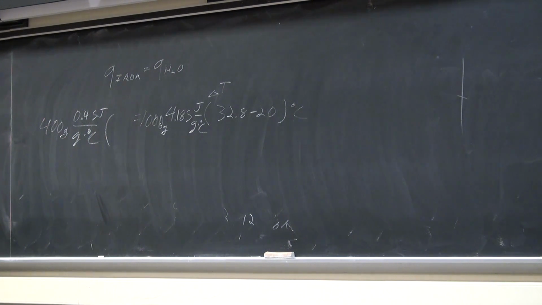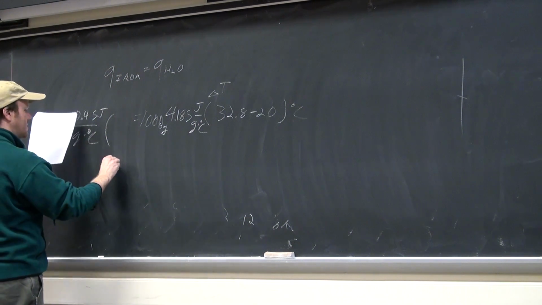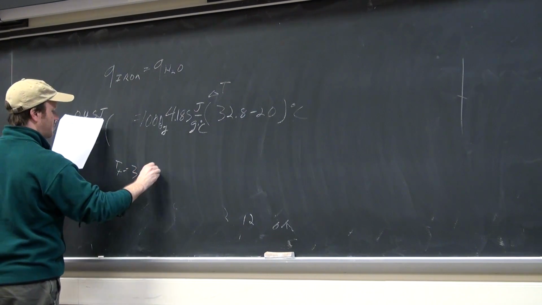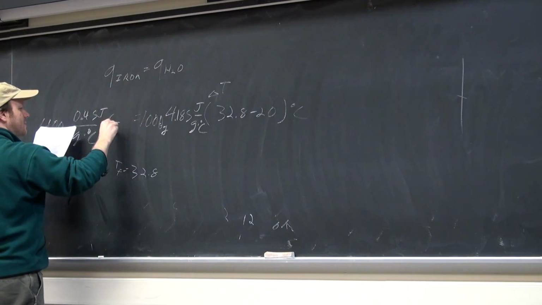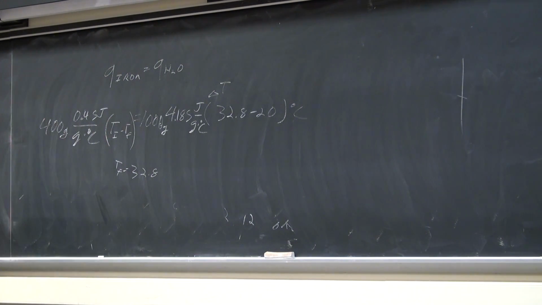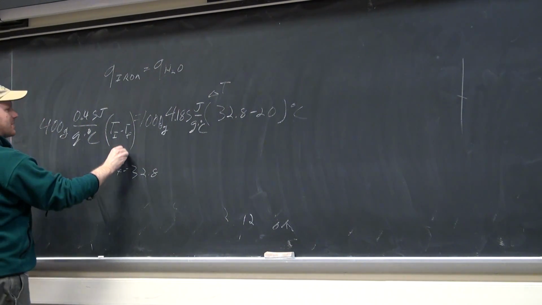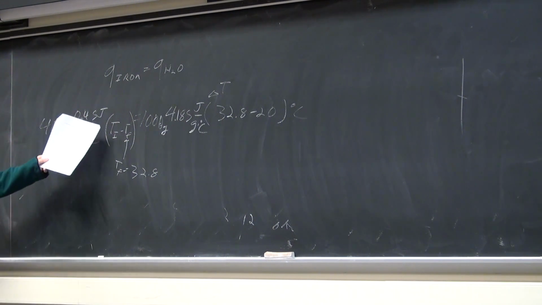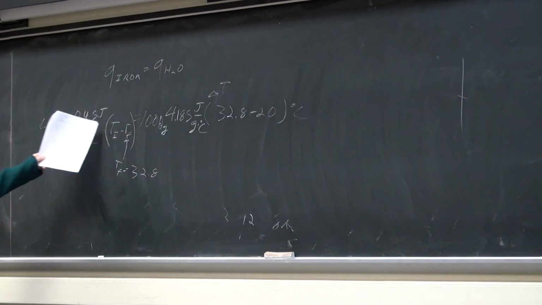What's the final temperature of the iron? Whatever the water is, same temperature as the water, right? So T final iron is 32.8. What's the initial temperature of the iron? That's what we're trying to solve for, right? Can we solve for it using this equation? Yeah. One unknown. We know all of these other things.